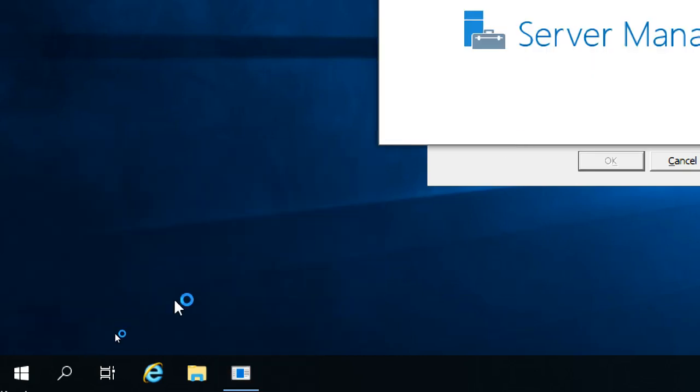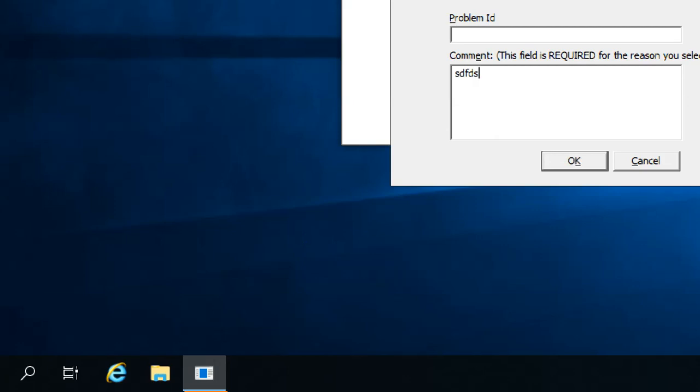Again, open Disk Management. Meanwhile, Server Manager will open.